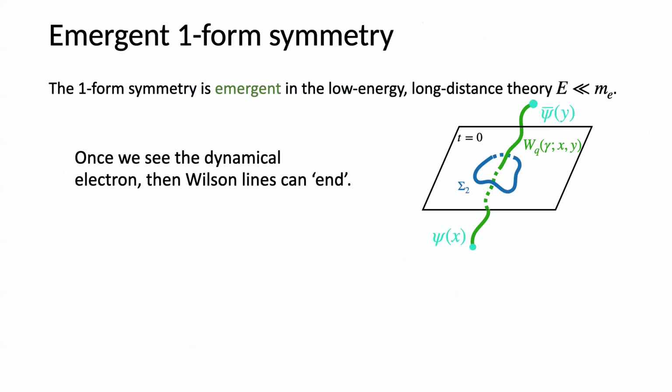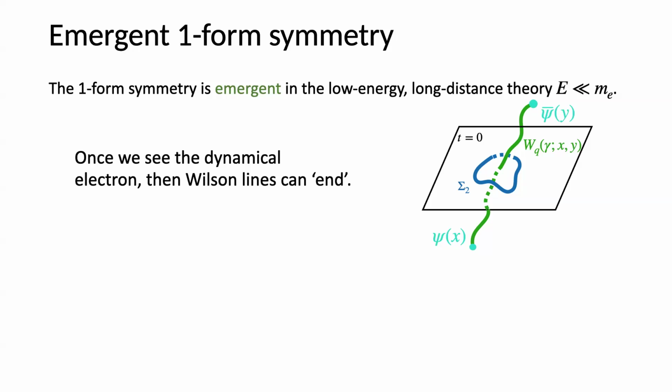A very quick, easy way to see that is that in pure electromagnetism, the only gauge invariant Wilson loops you can draw are infinite world lines or closed loops. But once I have access to the electron field, then these Wilson lines can end. I can write a gauge invariant Wilson line operator that goes from, say, an electron field to a positron field.